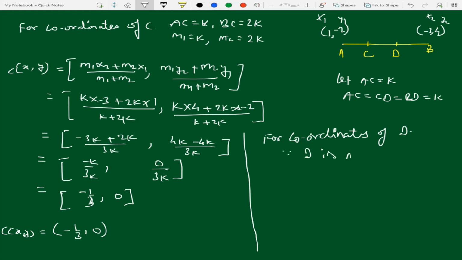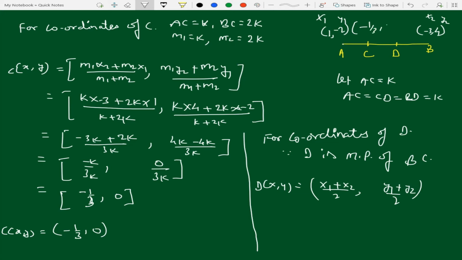So using the midpoint formula, coordinates are (x, y) equal to (x1 plus x2) upon 2, comma (y1 plus y2) upon 2. So coordinates of C are (-1/3, 0), this is x1, y1, and this is x2, y2.